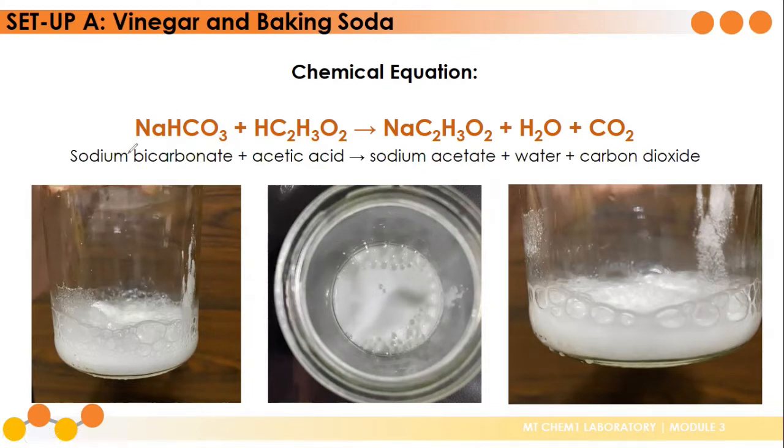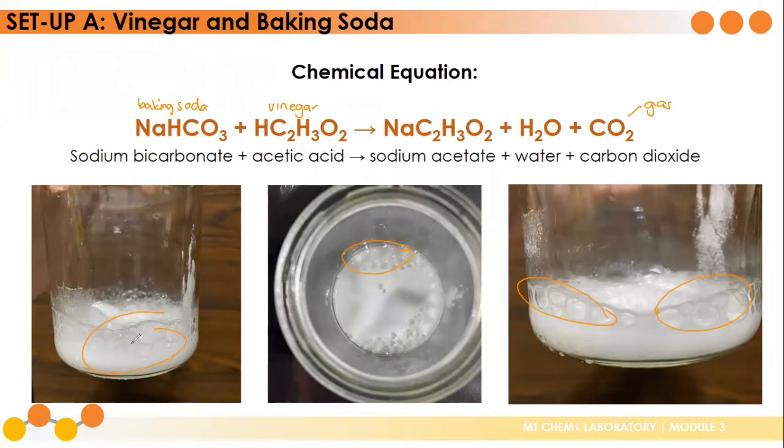For your reactants, we have the sodium bicarbonate, which is found in your baking soda, and we have the acetic acid, which is found in the vinegar. Combining these two reactants will produce the sodium acetate, water, and the carbon dioxide. And this carbon dioxide is the gas that we observe in this formation of bubbles.